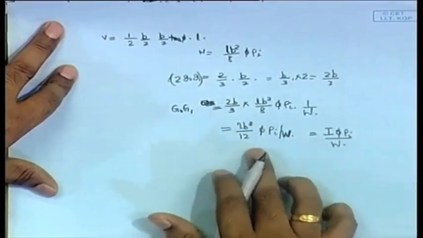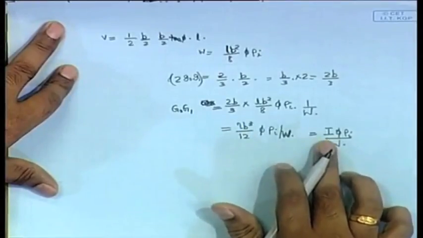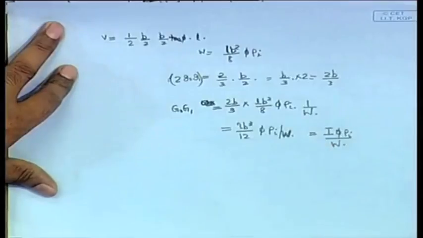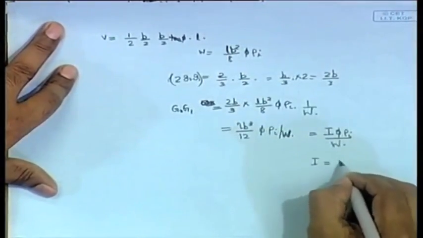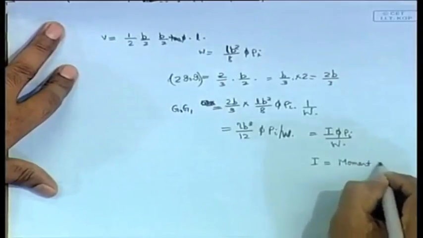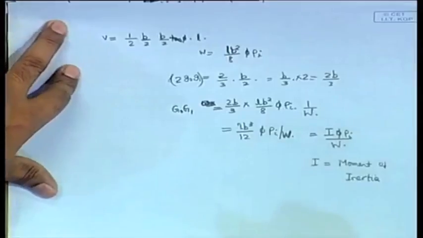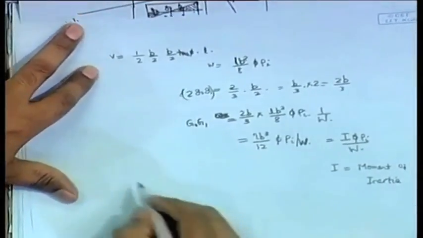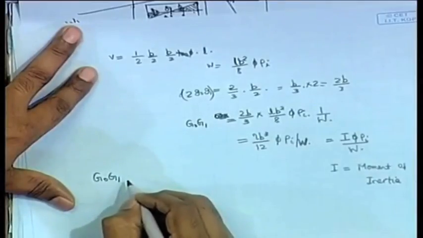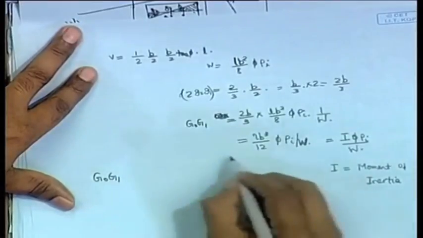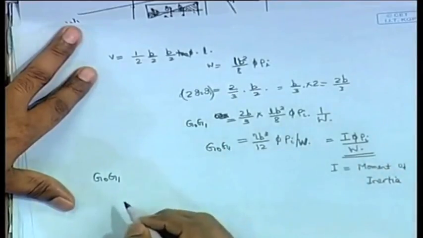So, L B cube by 12 is replaced by I, which is the moment of inertia of that water plane about the longitudinal axis. Therefore, G0 G1 is equal to this.